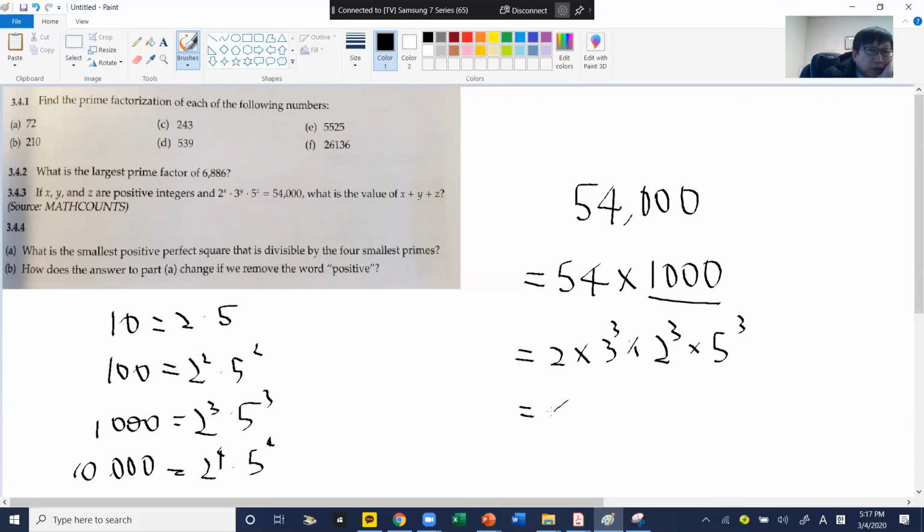So finally, I'm sorry, I just copied the exponent. 2 to the fourth, 3 cubed, 5 cubed. So x plus y plus z is 10, right? This answer is 10. So how can you understand the number? Prime factorization is important.